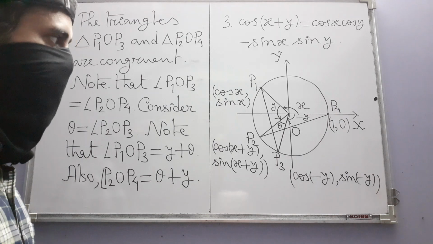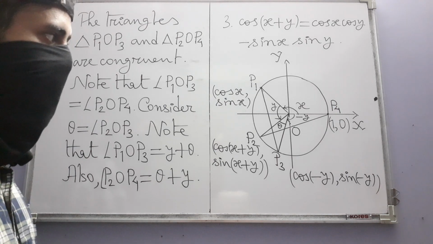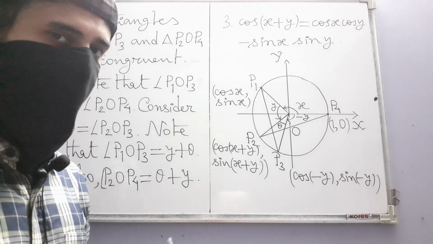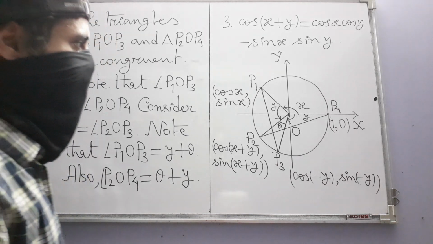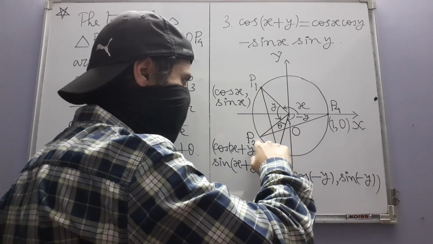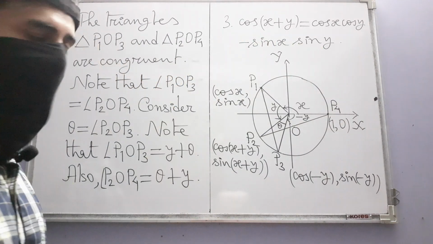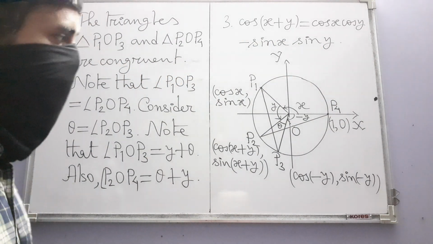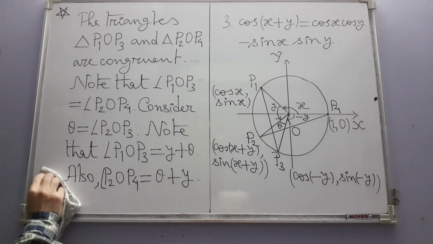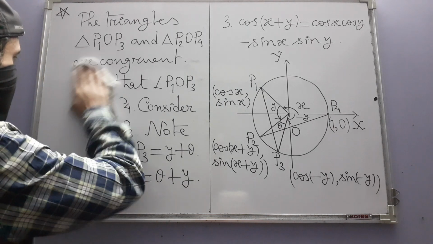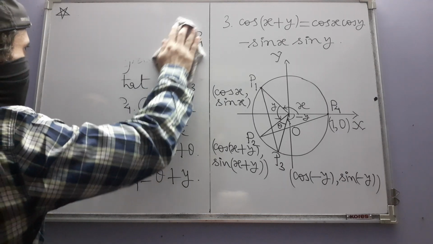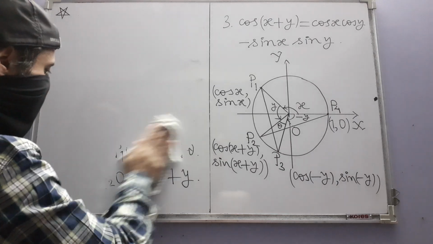Now, because they are congruent, there is another pair of sides which we have not talked about yet, which is P1P3 from this triangle and P2P4 from that triangle, they will also have equal length. So now we consider that fact. I cannot lose the diagram right now, so let me just keep it.